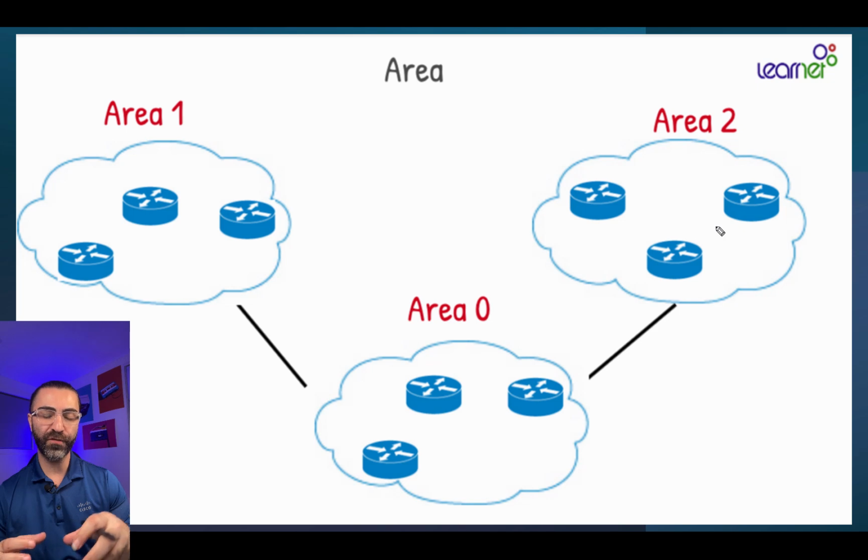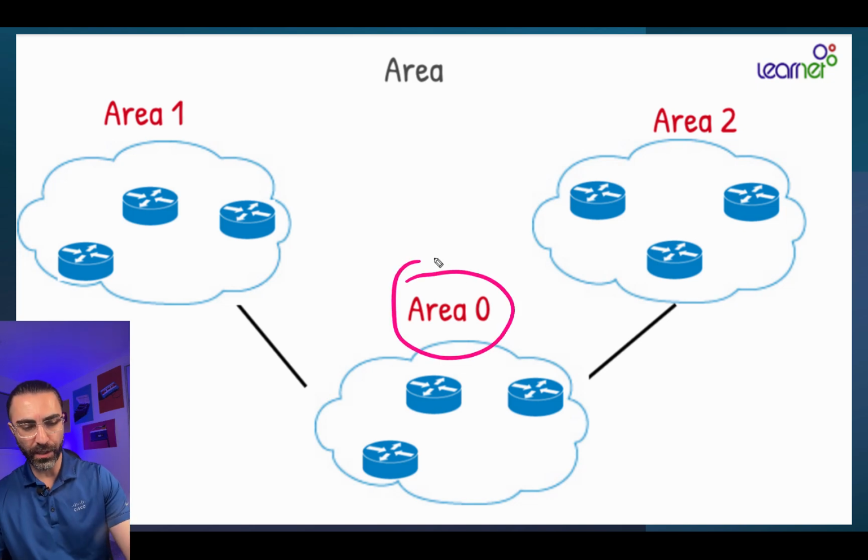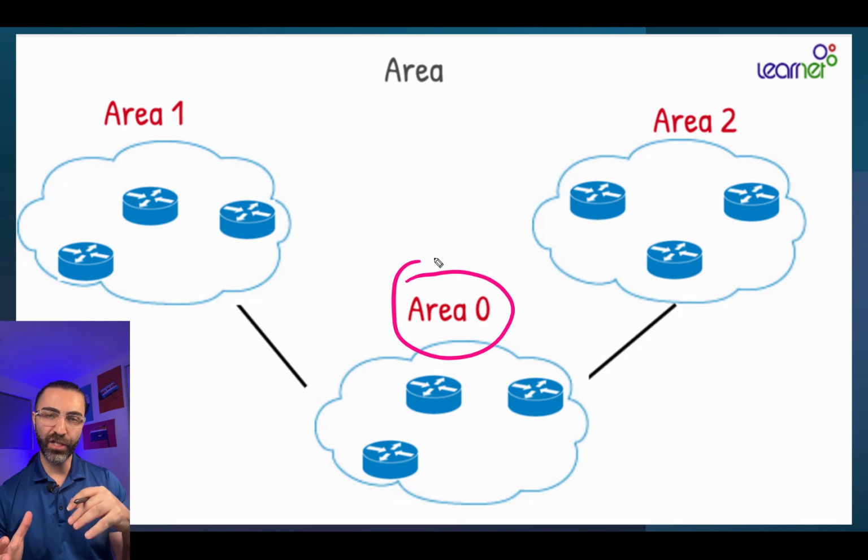The routers within each area will talk to each other, and if any changes happen, they will let the others know, and all of those things we talked about. If you're dealing with a multi-area design, area 0 is there, and it has to be there, because area 0 is called the backbone area, and the communication between the areas happens through the backbone area.